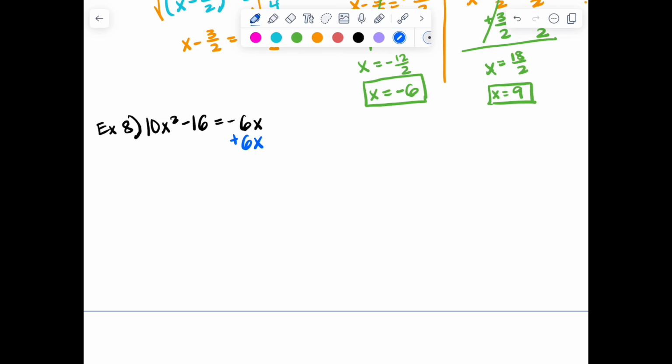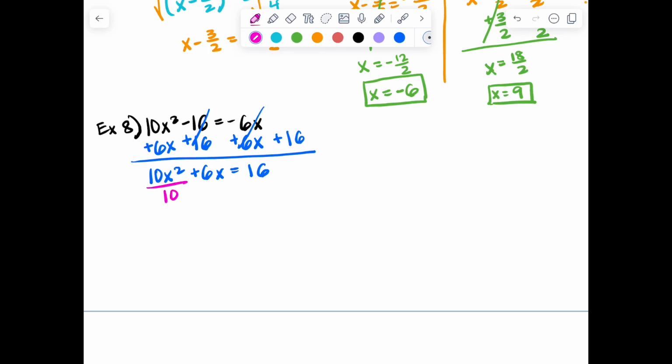So this needs to go to the other side, and this needs to go to the other side. Okay, we need to divide everything by a.